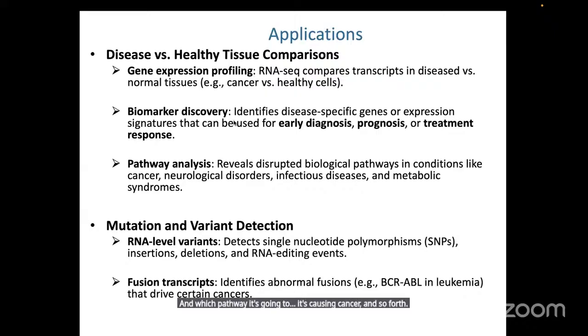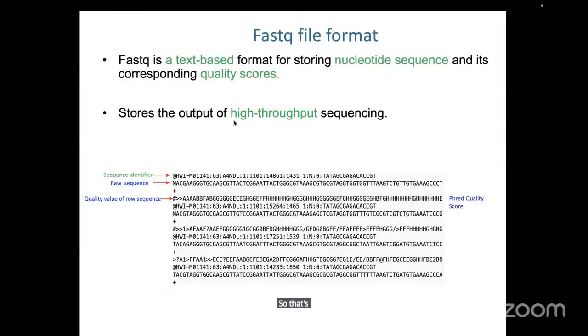Another area is mutation and variation detection. If you have different variants, it's going to help you, and that will even be the first step of how you start your SNP analysis. It can also help with fusion transcripts, like in leukemia and so forth. So that's why we study RNA-seq.